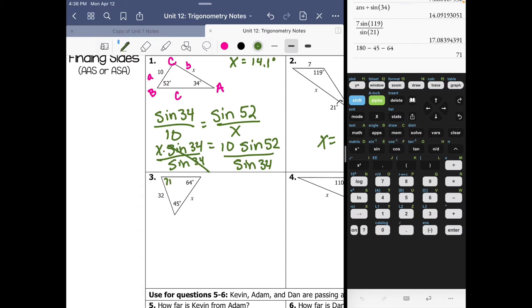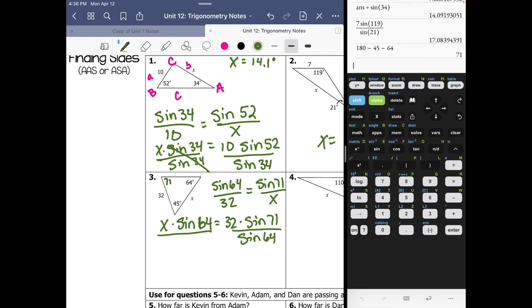Then you're going to do sine of 64 over 32 equals sine of 71 over x. And so then you're going to have x times sine of 64, and then 32 times sine of 71, divide by sine of 64, and that's going to just leave you with your x.